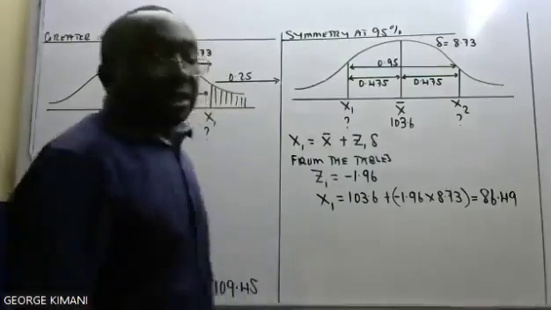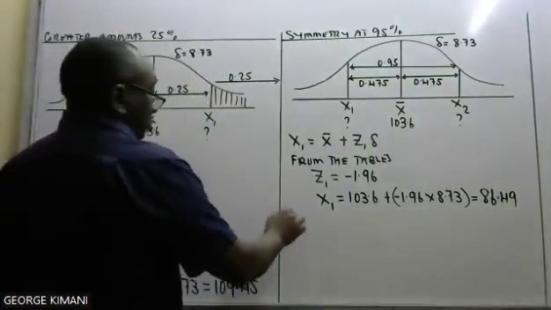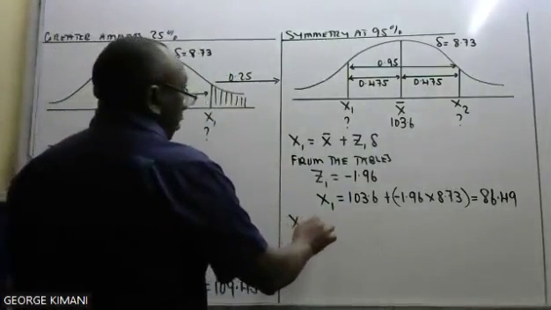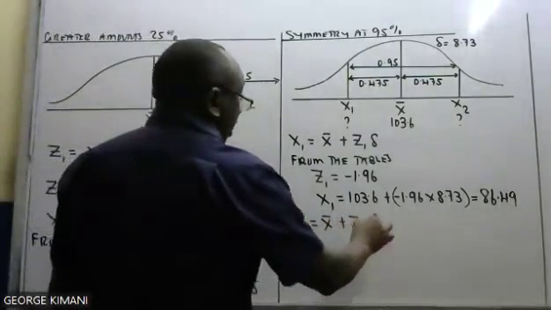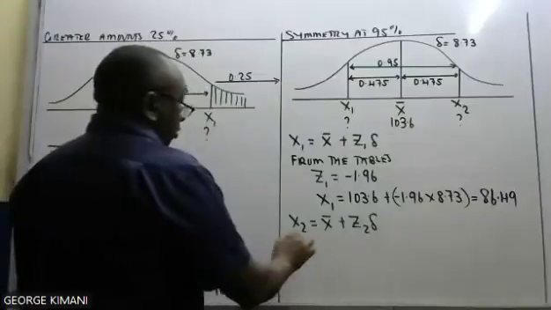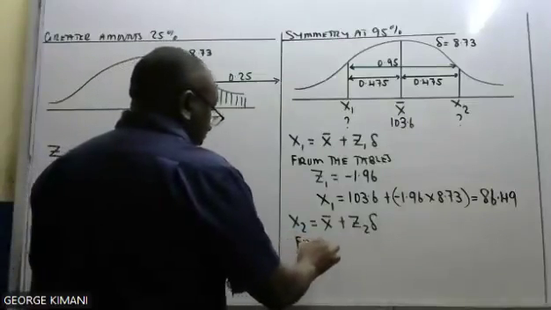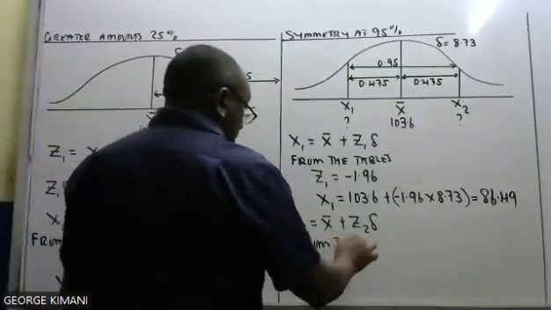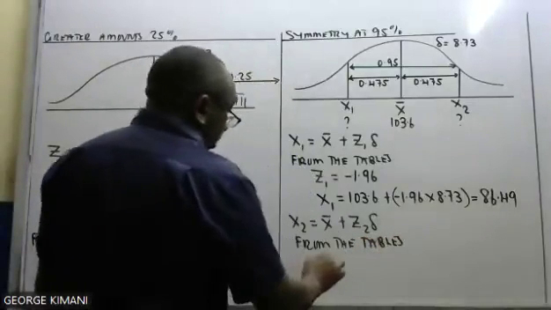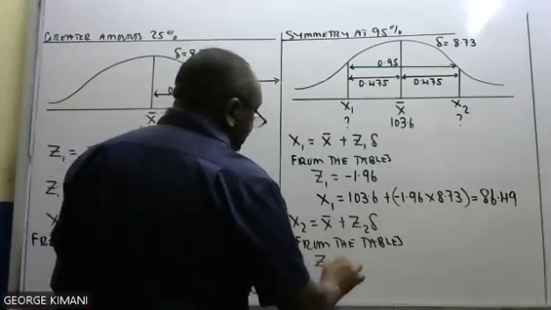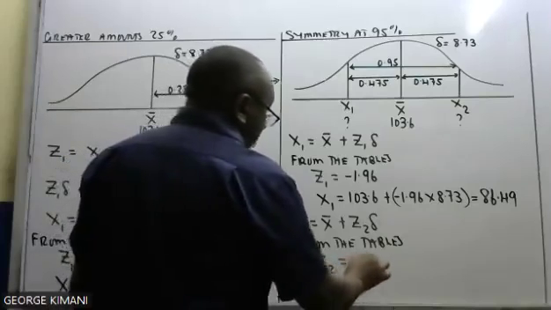Good. So now X2 will be X bar plus Z2 standard deviation. So from the tables, Z2 is 1.96.